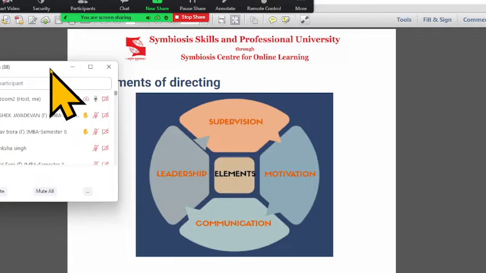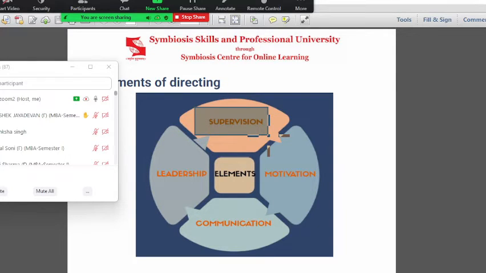So this is the fourth thing we have talked about. These are the 4 basic elements of directing. Supervision we have talked about. Supervising does not usually include giving verbal commands. Maybe at some point there may be, but supervision is usually observation. Like we have exam superintendents or exam supervisors.